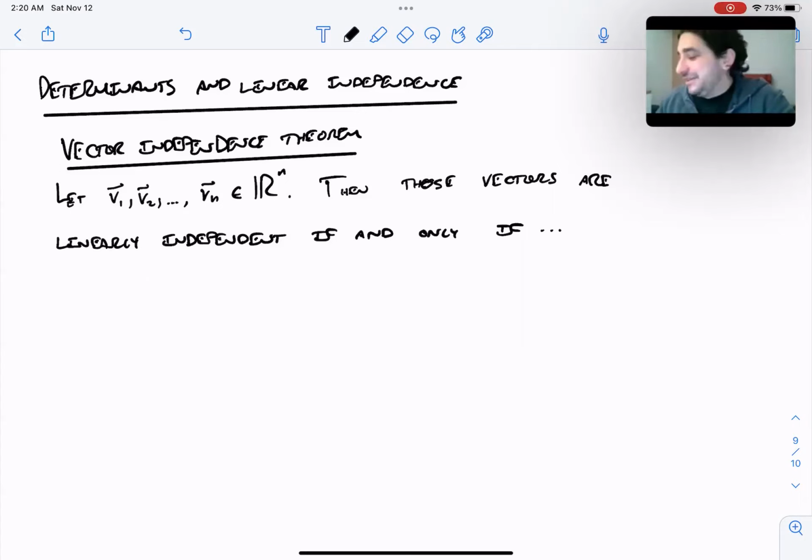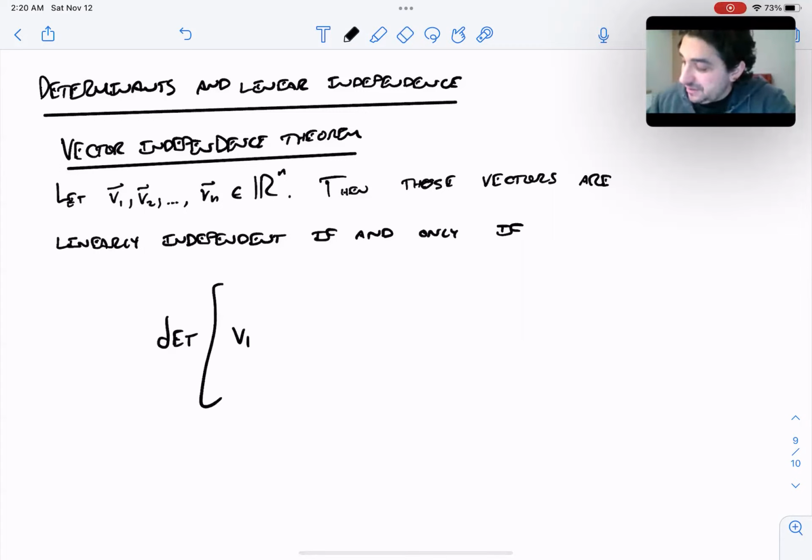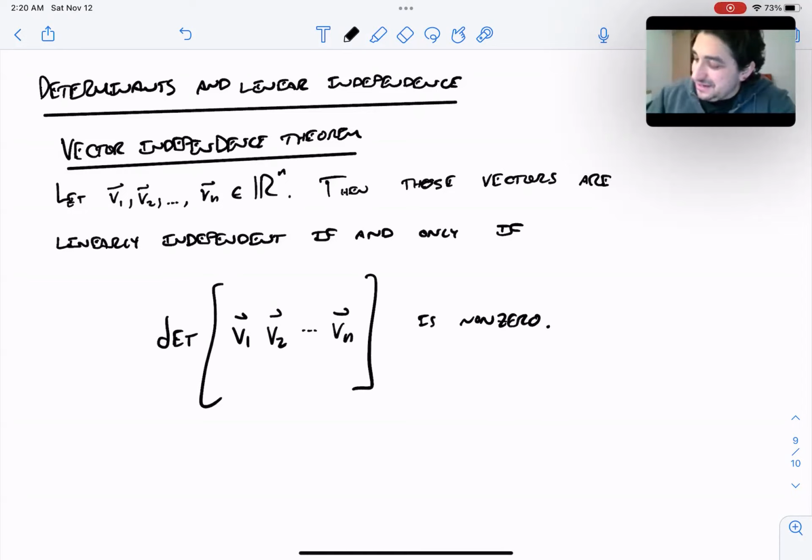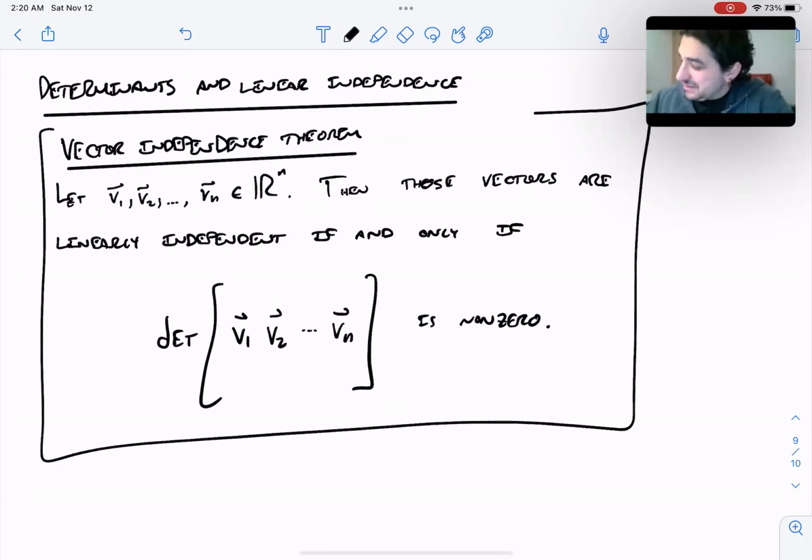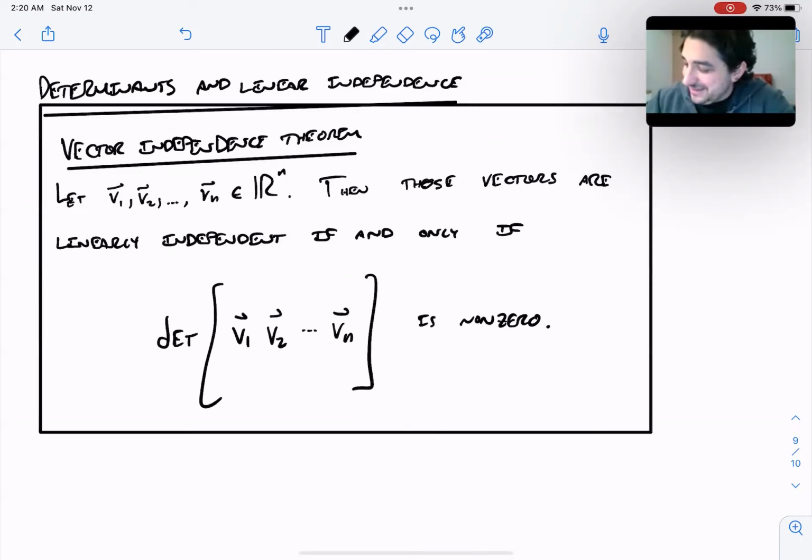So, drum roll, these n vectors are linearly independent if and only if the determinant of the matrix consisting of those n vectors is non-zero. Okay, that's the vector independence theorem.